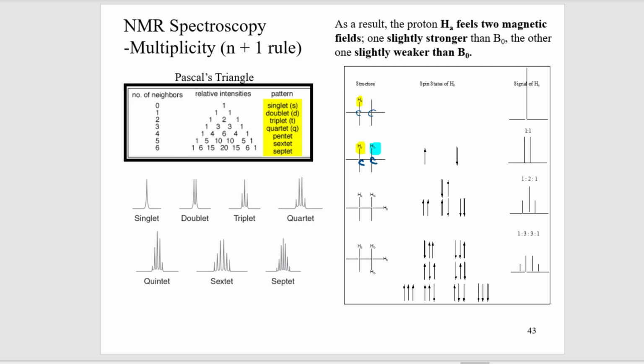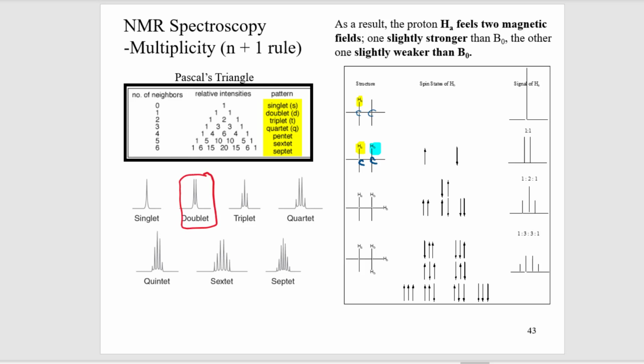With the magnet and against the magnet are going to be slightly different in frequency. Thus, they're going to show up very close to one another, right next to each other in a 1-to-1 ratio. It could be either spin up or spin down. So we see this doublet. This is what a doublet looks like.